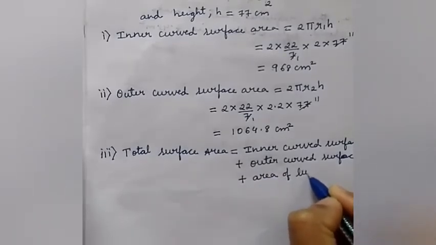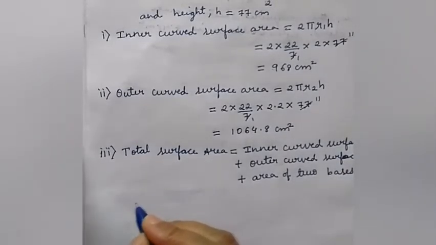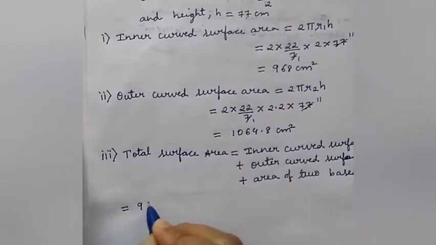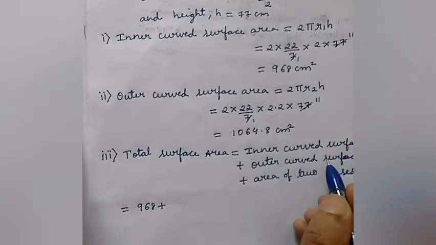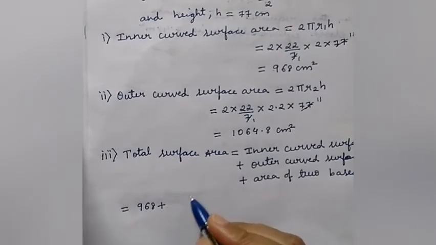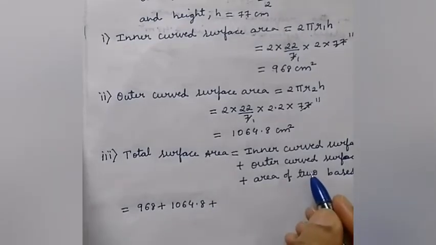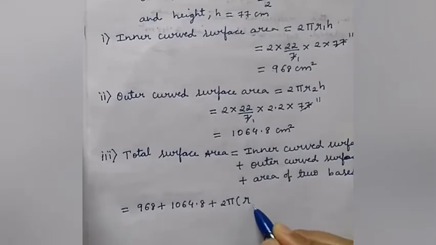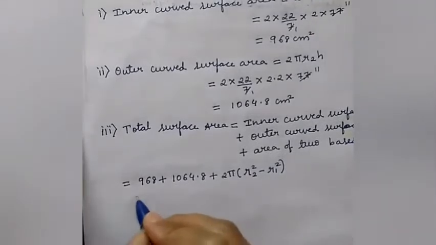That is equal to the inner curved surface area we have just now obtained, 968, plus the outer curved surface area we have just now obtained, 1064.8, plus the area of the two bases, which is nothing but 2 pi into r2 square minus r1 square.